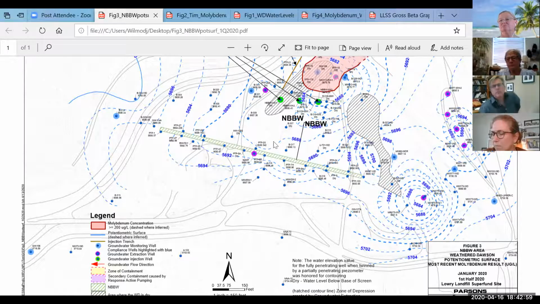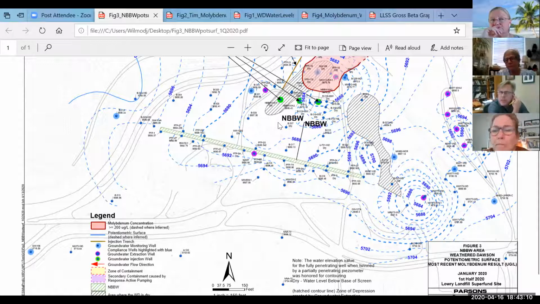Okay, so there could be. And it also includes MW1, the GTEP well. Okay, which is over here. But with the highest concentrations beyond your extraction system there, you don't have an idea of where.